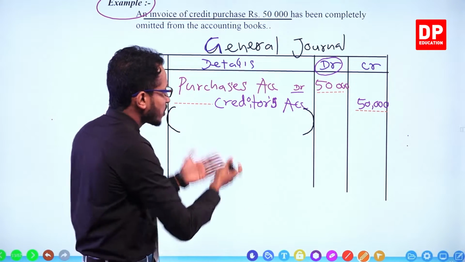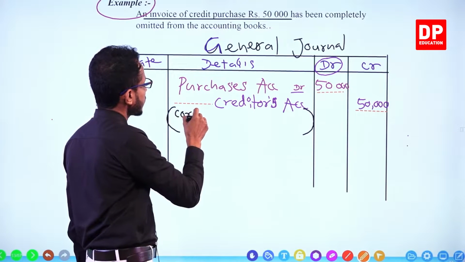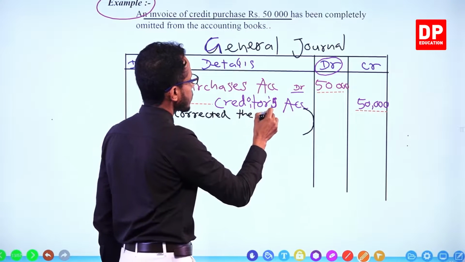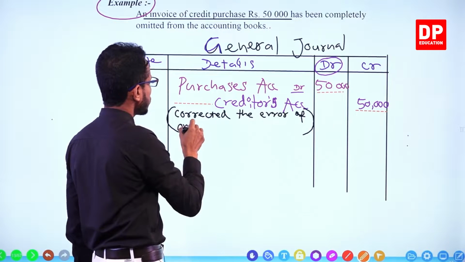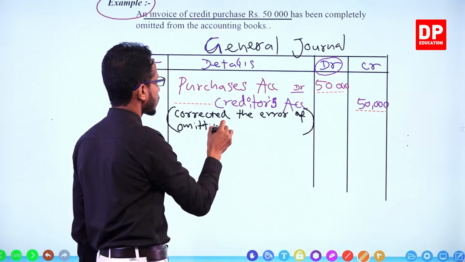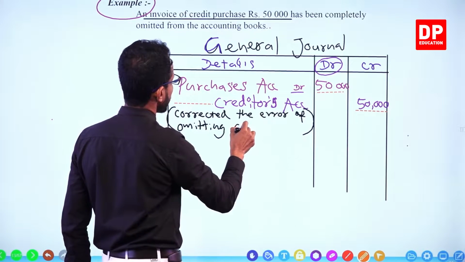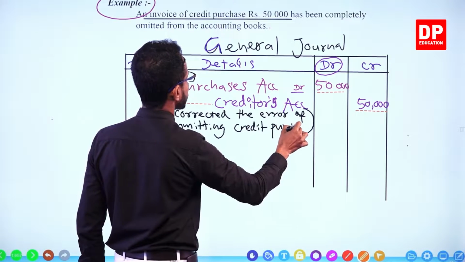So what is the error which you corrected? You must write like this: corrected the error of omitting credit purchase.